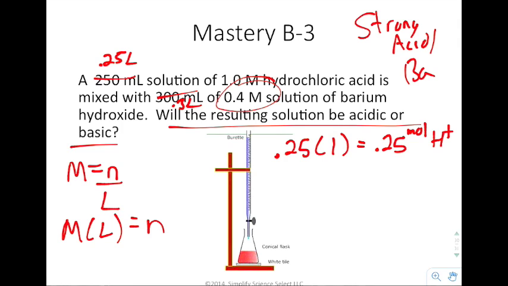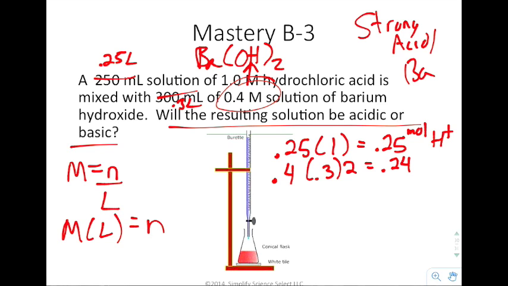Now next you have 0.4 times 0.3, but it's a little bit more complicated than this. Instead of it being just 0.4 times 0.3, you know that barium hydroxide is Ba(OH)2. Because of that, for every barium you have 2 hydroxides, so you need to include the 2 term. Whenever you do that, you end up getting a value of 0.24.